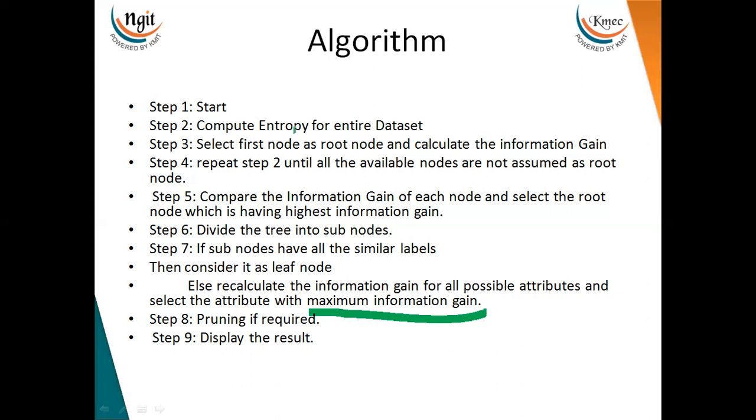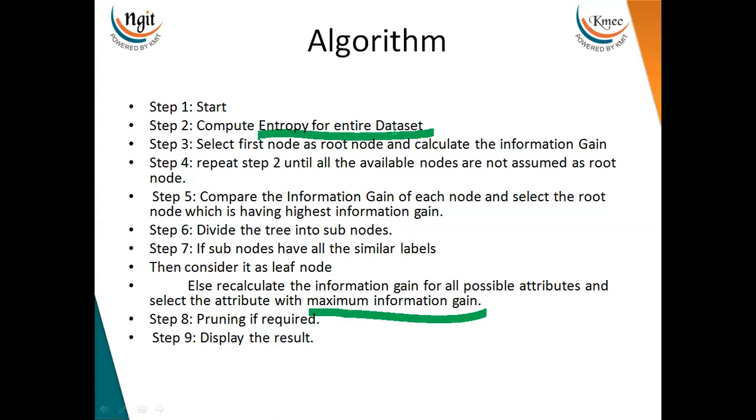We have seen this in previous videos: how we get the formula of information gain. It is the entropy of the entire data set, from which we subtract the weighted average of the entropy of each feature. So the first step is to calculate information gain. I need the entropy of the entire data set, then the entropy of each feature present in my data set, then the weighted average of all these features.